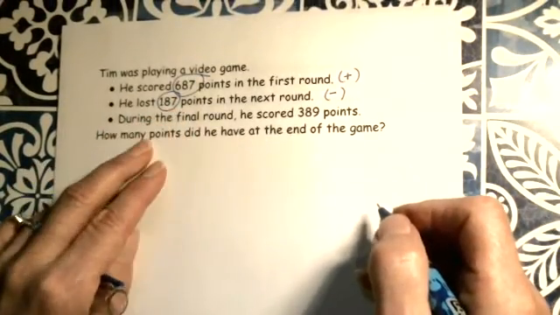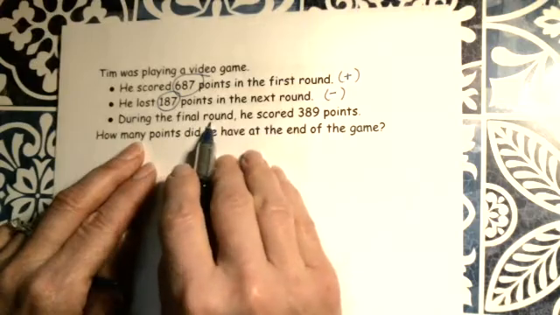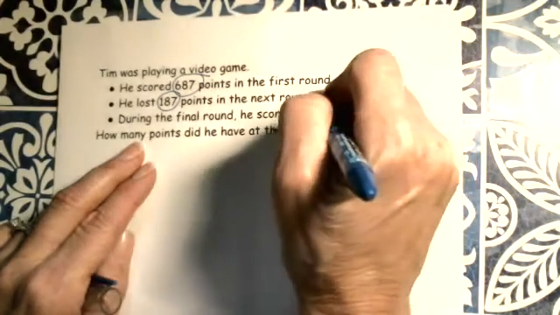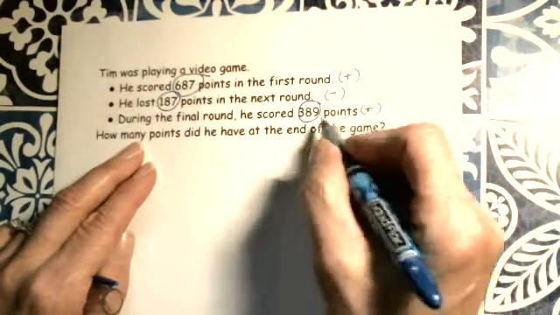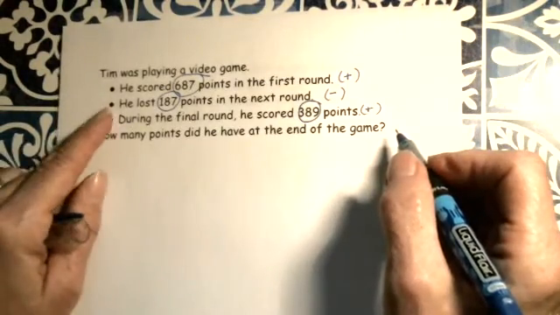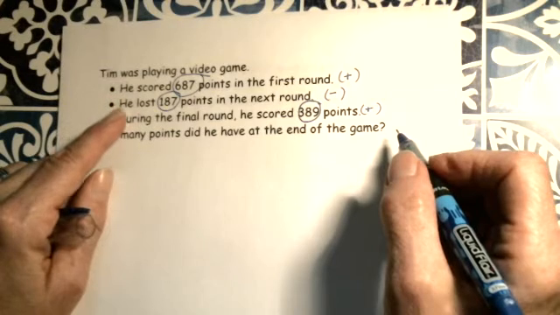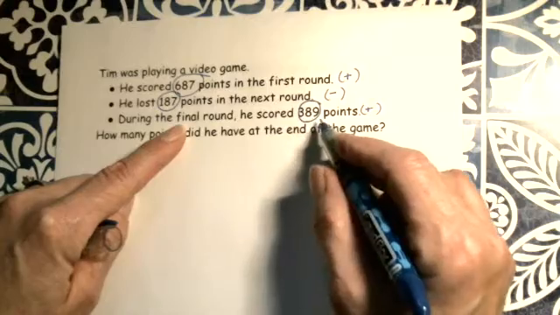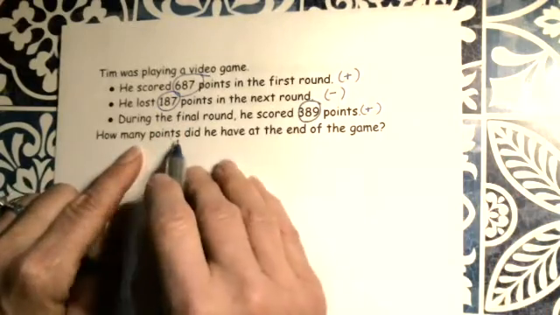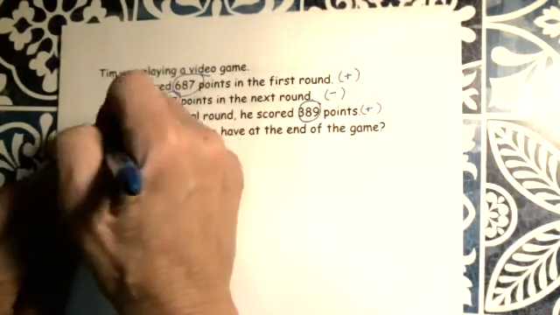Lost, that would be a minus. During the final round, he scored 389 points. So he's playing a game, he scores 687 points, then he loses 187 points, and then he scores 389 points. How many points did he have at the end of the game?